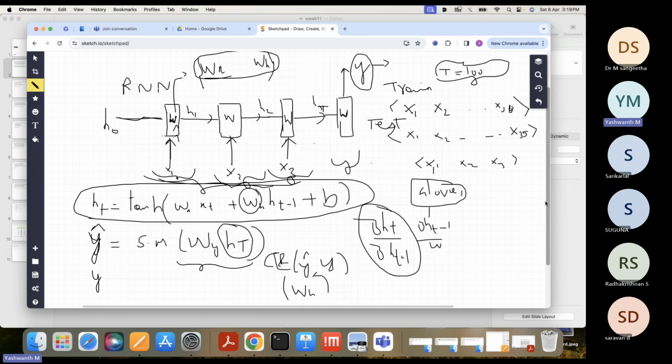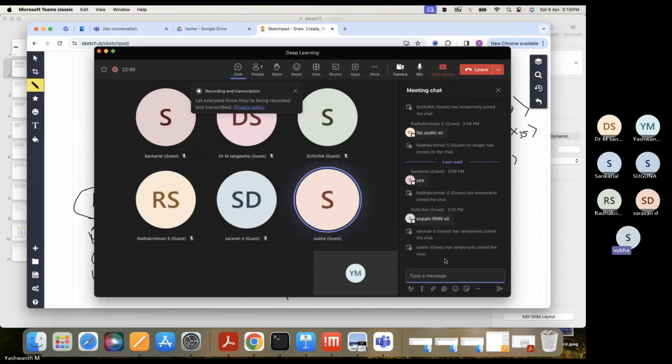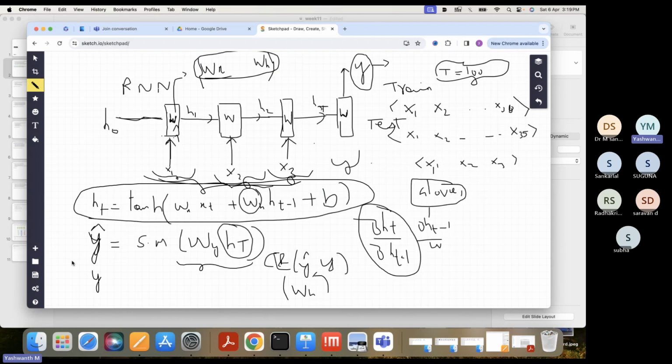Yes or no? Can an RNN handle variable length sequences? You can see, all you are learning is WX and WH, and it is independent of the length of the sequence.